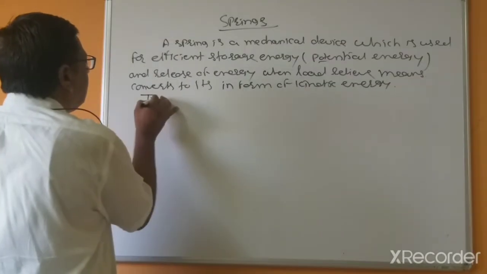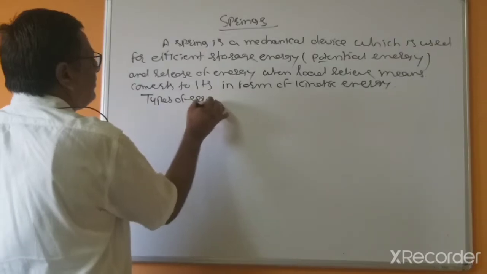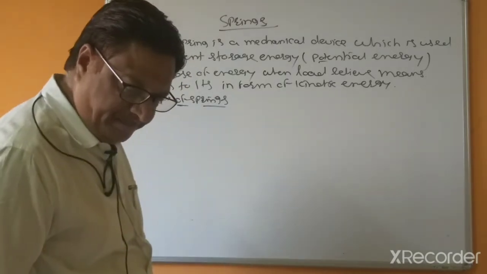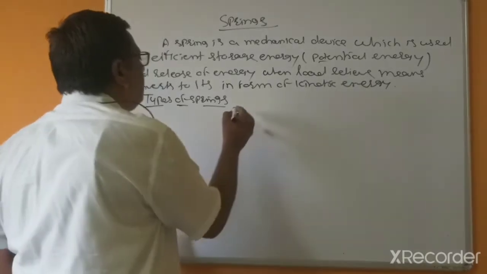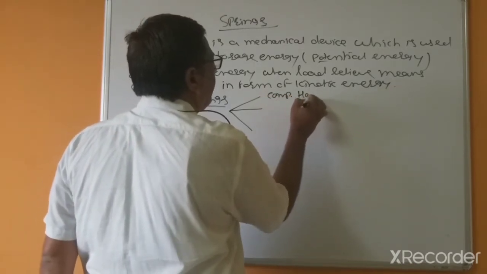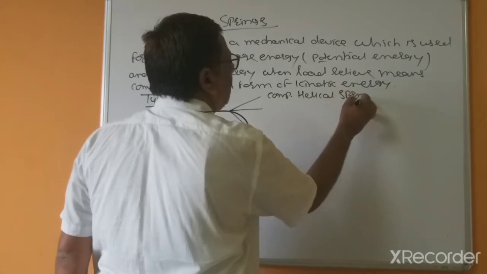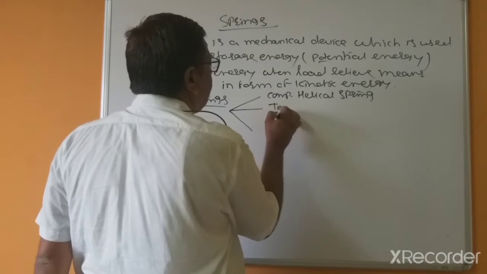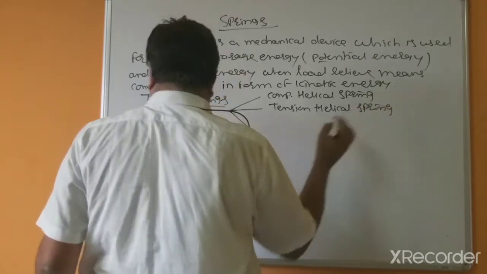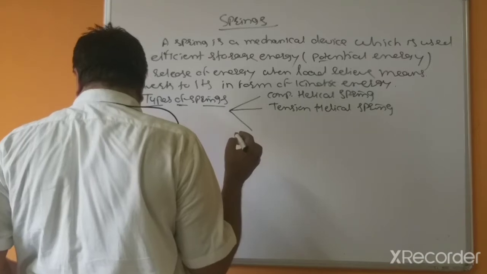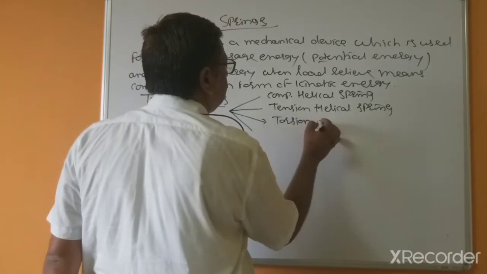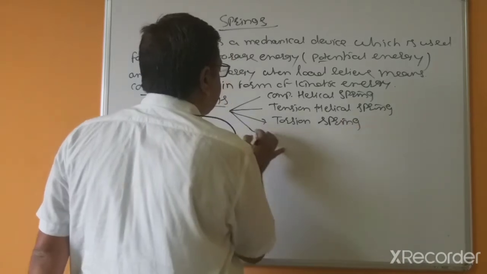Types of springs. Basically, according to our syllabus, the types of springs are compression helical springs, tension helical springs, torsion springs, and spiral springs.